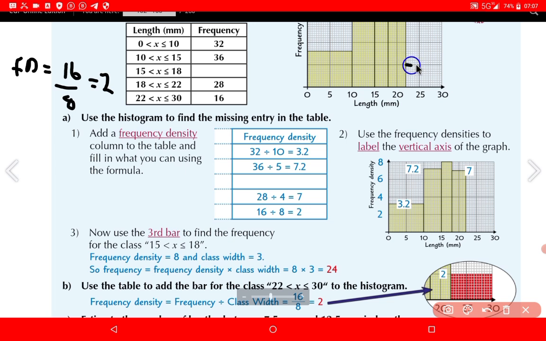That is how long it is for the last one. And here you're good to go. Just color this nicely, and that is all.